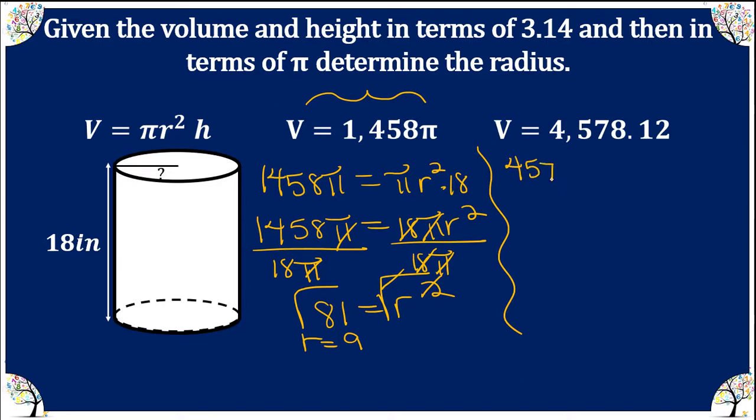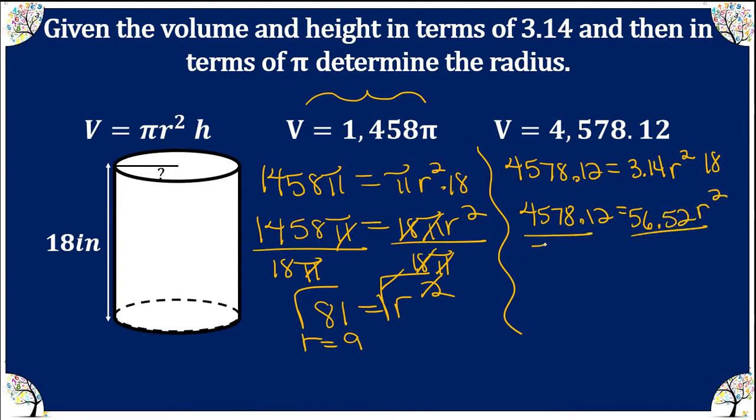Now let's try it when we have the 3.14 actually calculated into the volume. We're going to multiply 3.14. Again, I'm not using the pi button on my calculator. I get 56.52 times r squared.